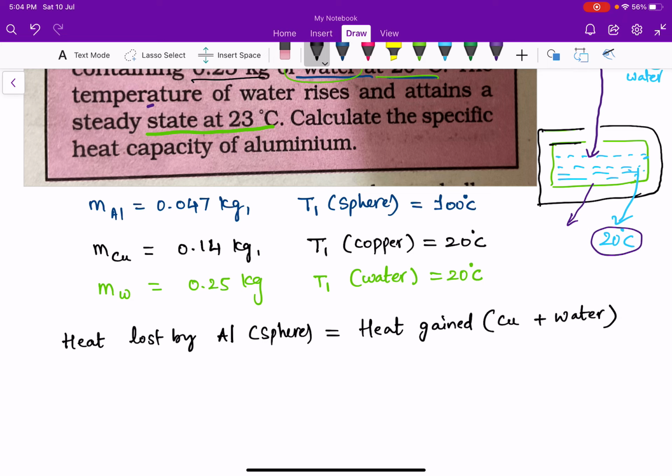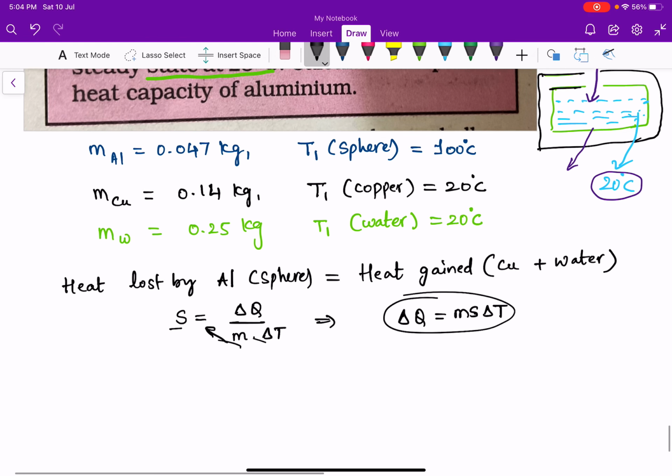We know from specific heat capacity, S is nothing but delta Q by M delta T. So from here, cross multiplying this, we will get delta Q is equal to M S delta T.